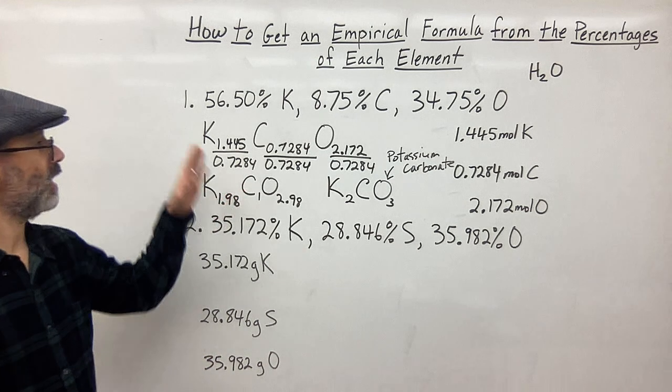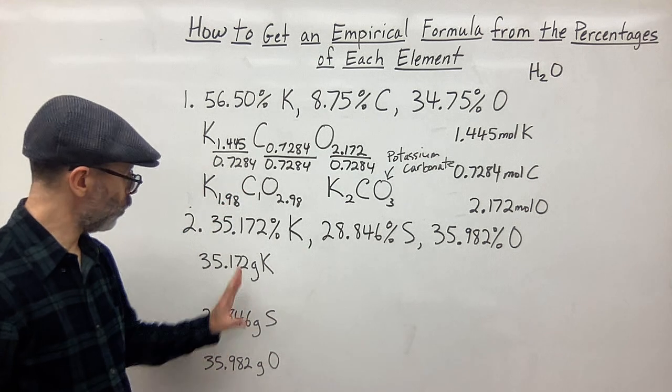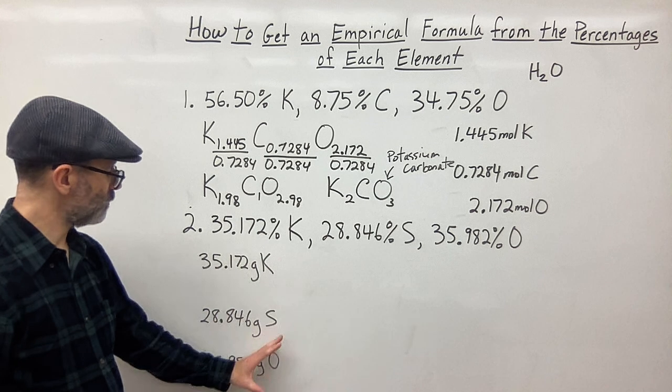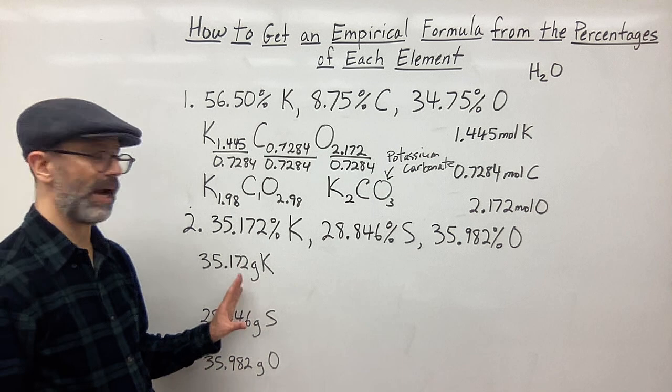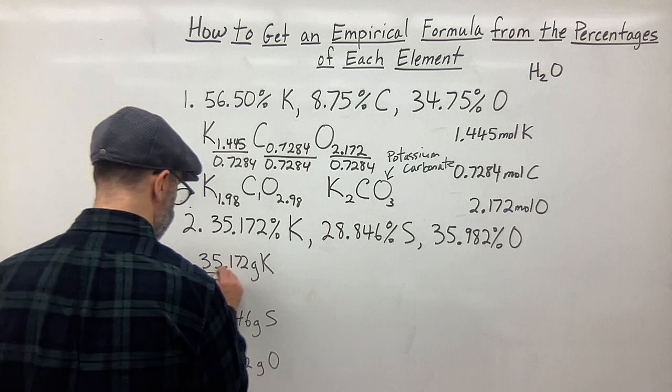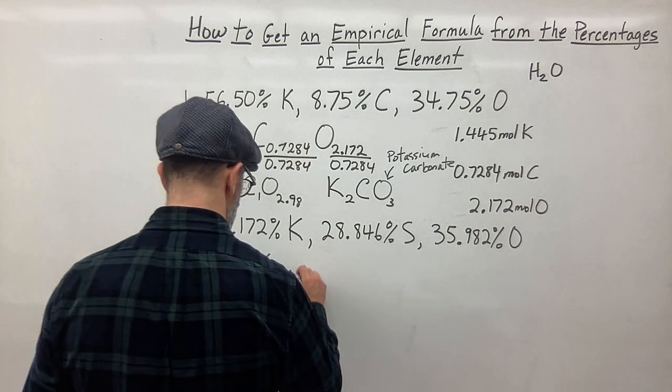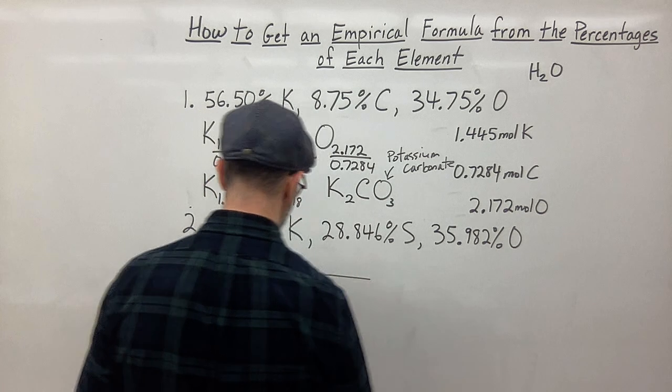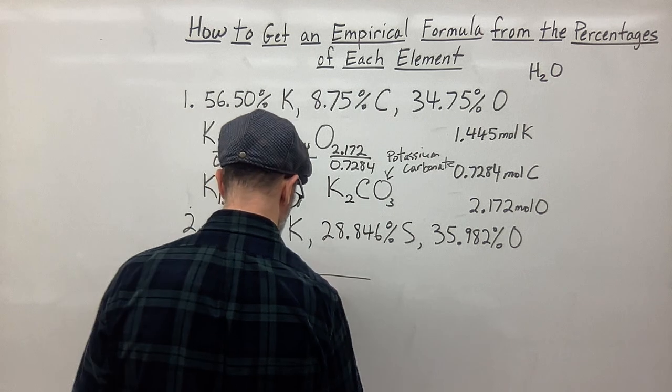Now that I have the grams out of 100 grams of my substance, I'm going to do the exact same thing. I'm going to use the molar masses of these elements and convert grams to moles. So I'm going to put this over 1. We saw the molar mass of potassium before is 39.10.